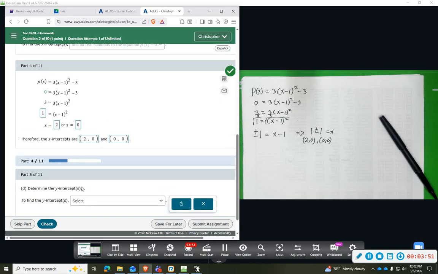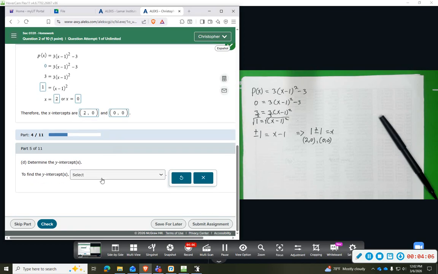Now, since I know the y-intercept is given when x is 0 and this ordered pair has a 0 for the x value, this point also doubles as my y-intercept. So in order to find the y-intercept, we just plug in a 0 for x, solve for y. So that's this time p of 0.